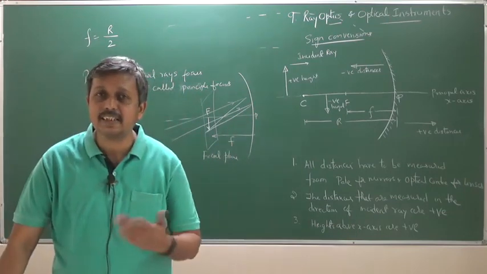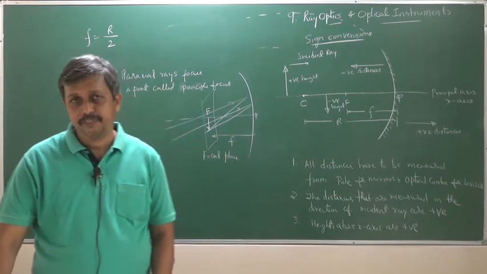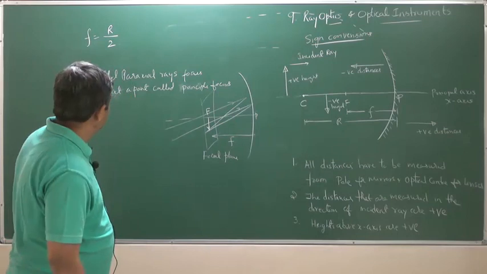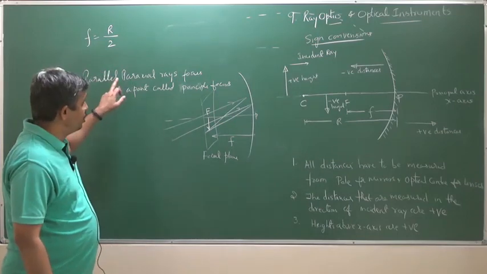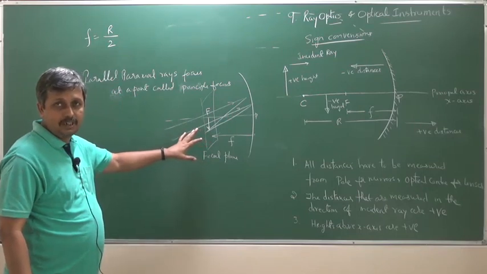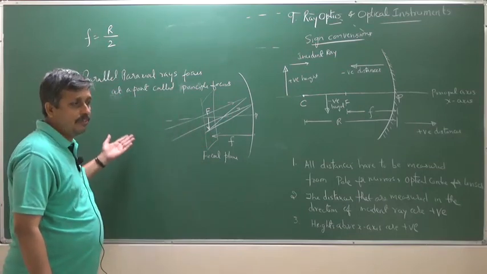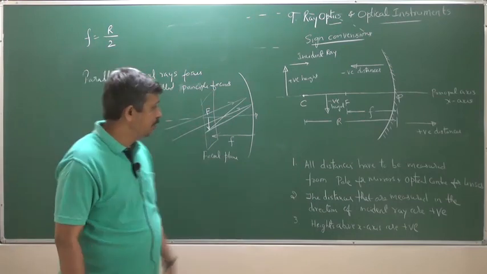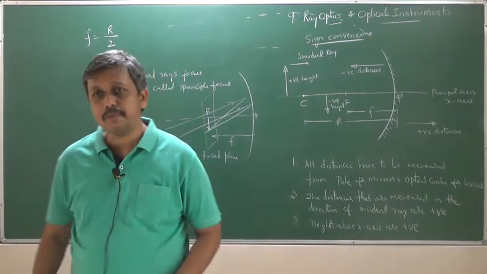So if you are asked to define a principal focus, it is: whenever parallel paraxial rays fall on a concave mirror, they focus onto a point called the principal focus. The distance to that point from the pole is the focal length.